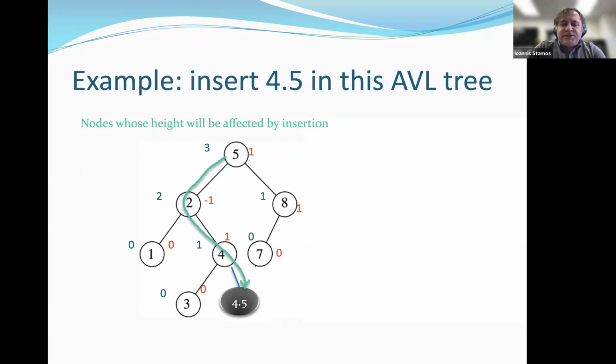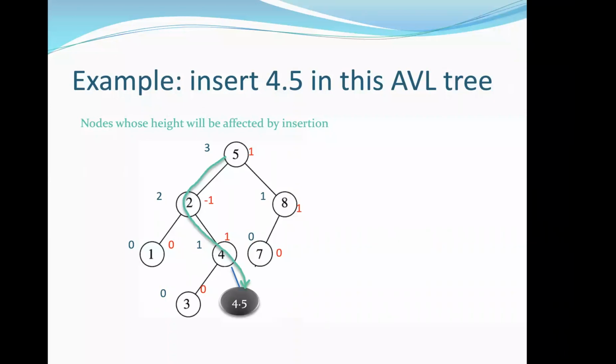And you can see why, right? So let's say, what's the height of 4.5 after you insert it? What's the height of a leaf? 0. So 4.5 will have height 0. What will be the height of 4? 1.